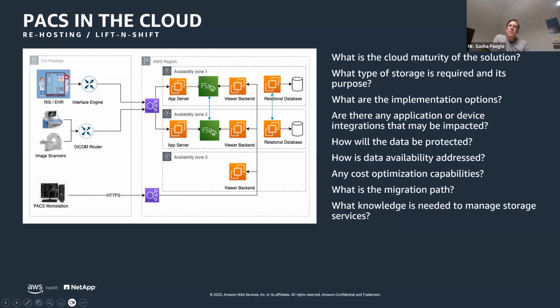And you may be thinking, well, hey, that's interesting, but what does that actually mean? Is there an opportunity to cost optimize in the sense that, one, can I use a storage capability to service both, say, the database component and the file storage component for this PACS solution? So that'd be something I would be asking for.